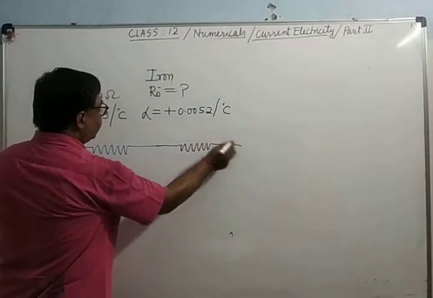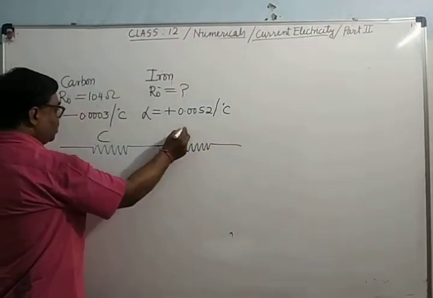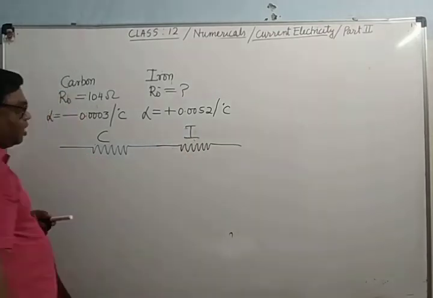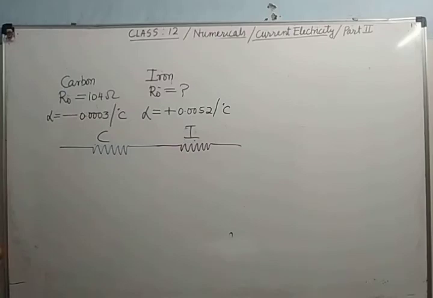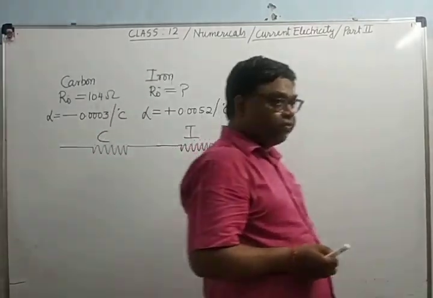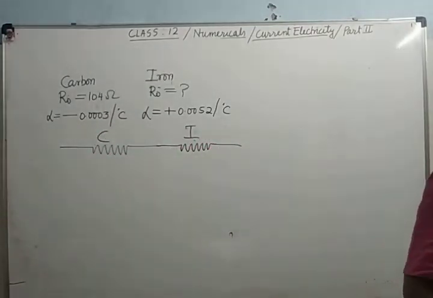Both are connected together. In the question it is said that on passing the current there is no change in the resistance. So what will be the value of R naught, so that there is no change in the resistance?